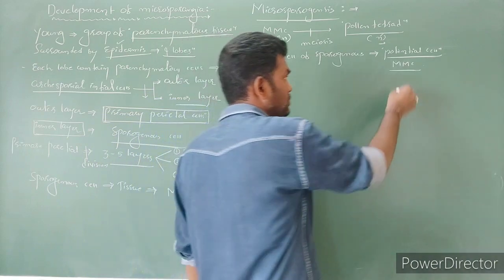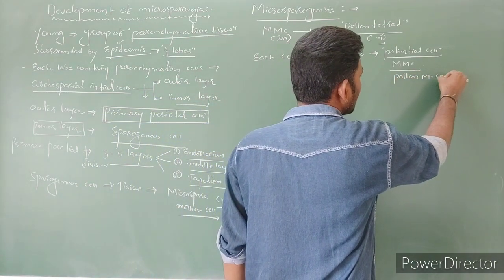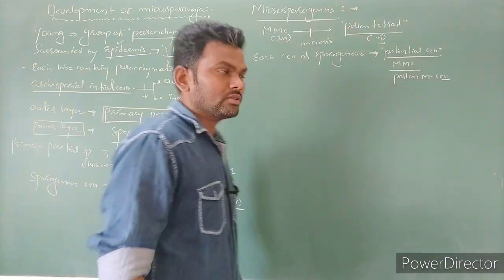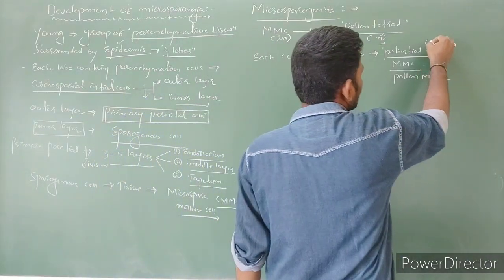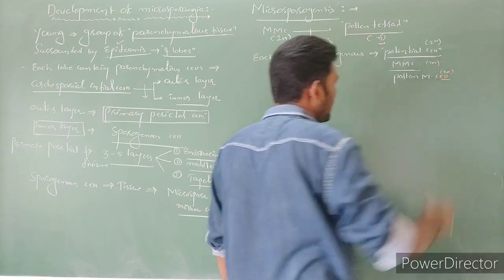It is also called a pollen mother cell. All of these are 2n, diploid in condition. These are all the same type of words.